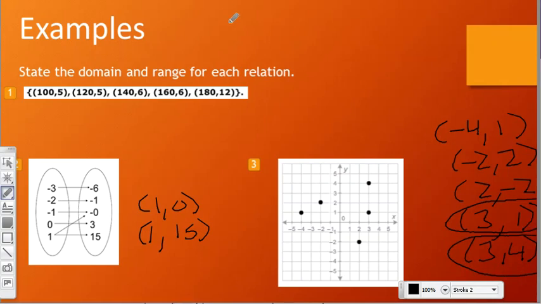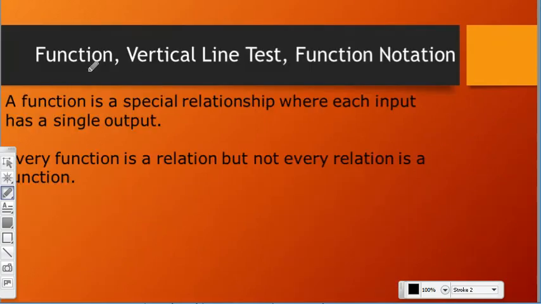And that brings us to our next set of vocabulary words. So we have function, vertical line test, and function notation. We're going to end this lesson after we talk about function and vertical line test, and we will continue with this lesson tomorrow with function notation.